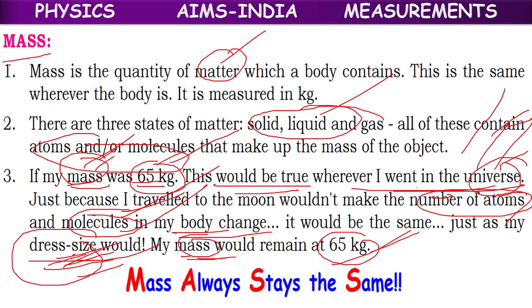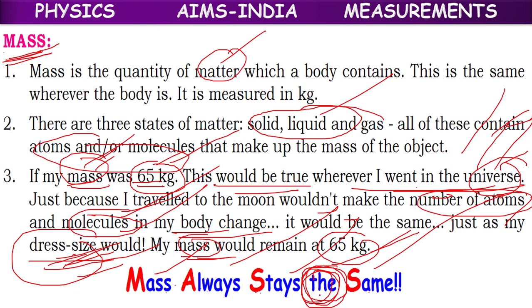In the word mass itself, we have one acronym. M for mass, A for always, S for stays, S for same. The D we can keep or we can't, it's our wish. Mass always stays same. But grammatically it's wrong.